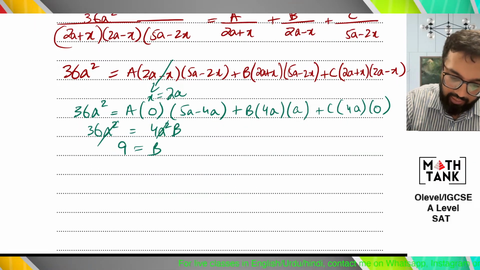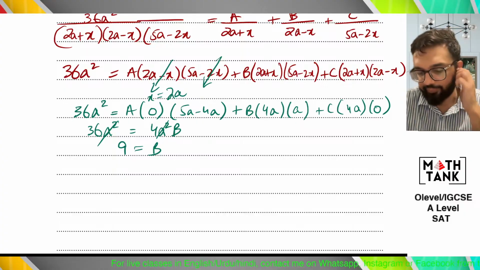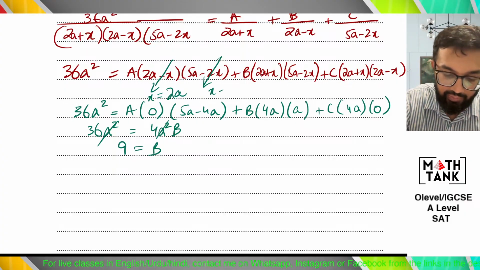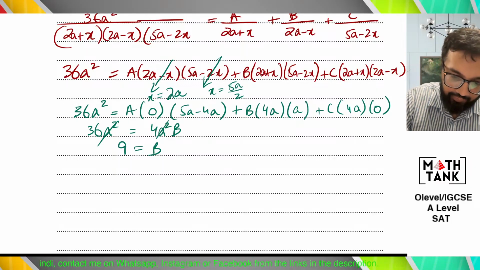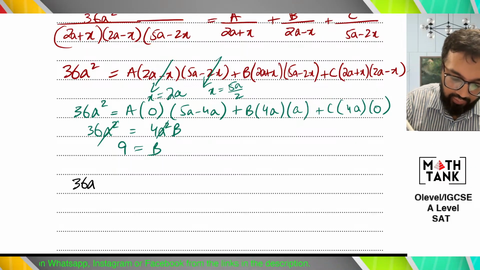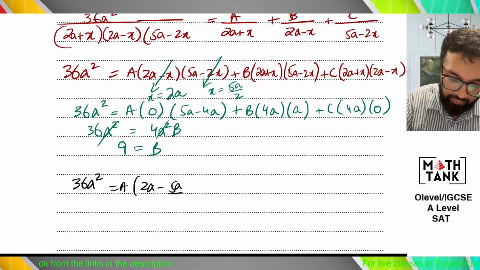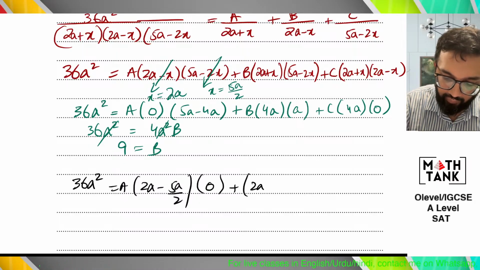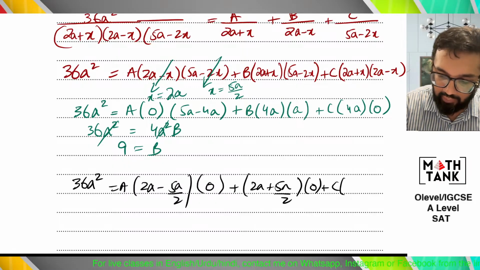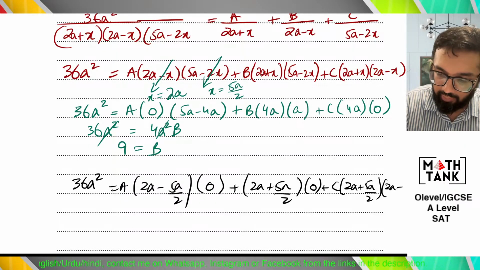फिर अगली बार x की वैल्यू ले लेंगे, तो x equals to 5a divided by 2. Okay, so again 36a square, 5a divided by 2, 0, 5a divided by 2, 0, 5a divided by 2.